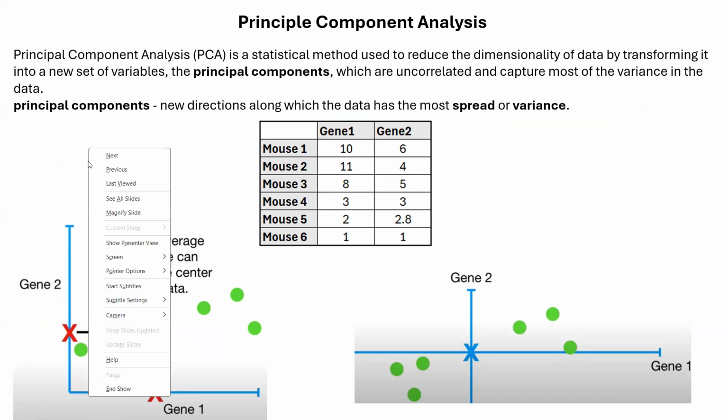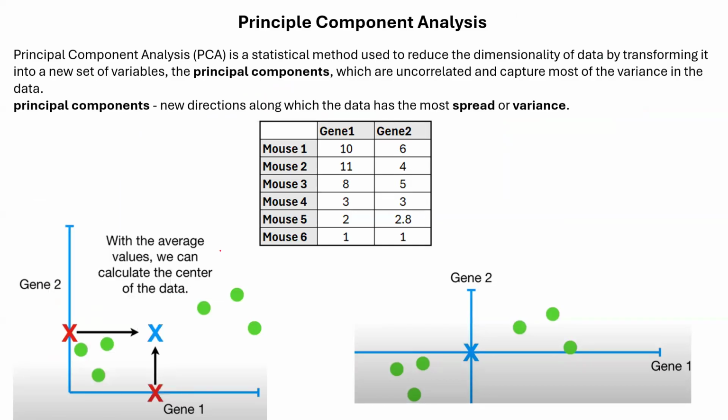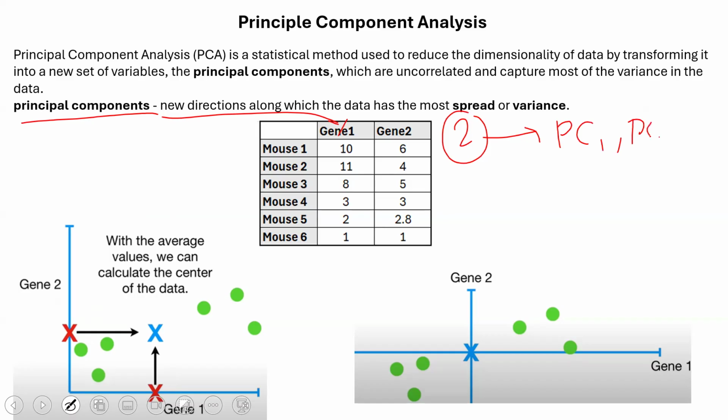If we have two dimensions, it will find two principal components, PC1 and PC2. If it has three dimensions, it finds three principal components, PC1, PC2, PC3. So those principal components are nothing but the lines which best represent the data set.